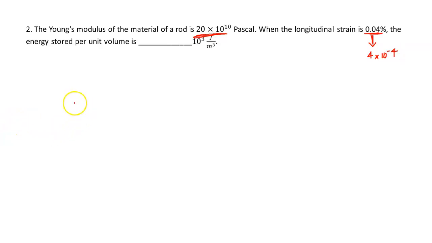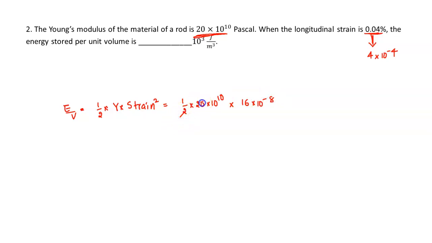So we all know that energy stored per unit volume is equal to half into Young's modulus into strain square. Just substitute the values here. This will be equal to half into 20 into 10 power 10 into 4 into 10 power minus 4 square, that will be 16 into 10 power minus 8.